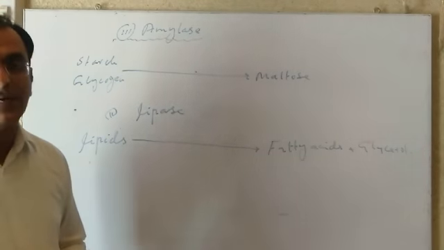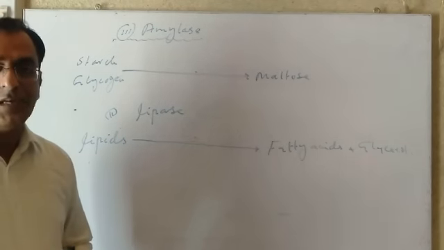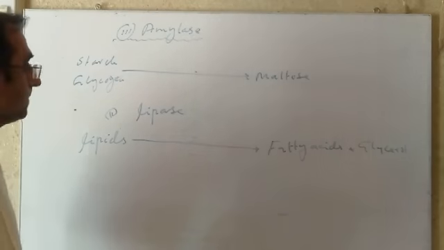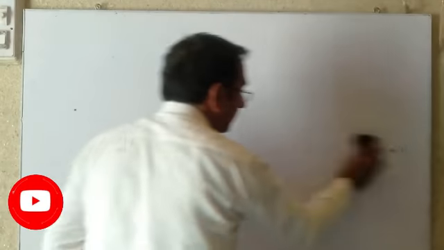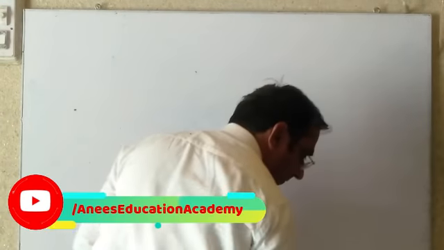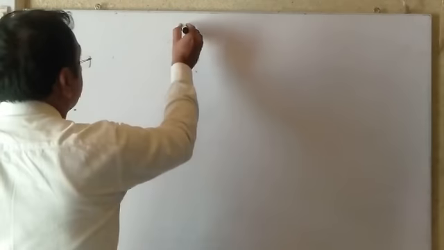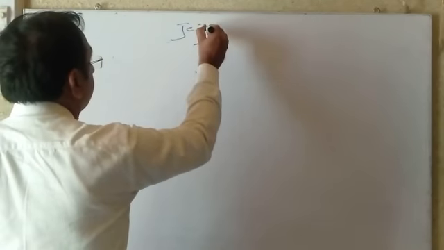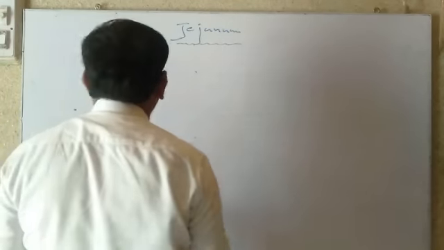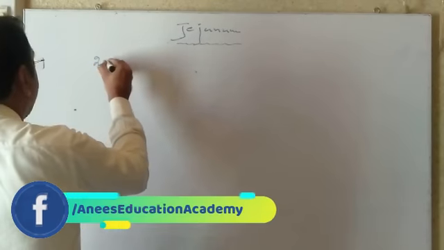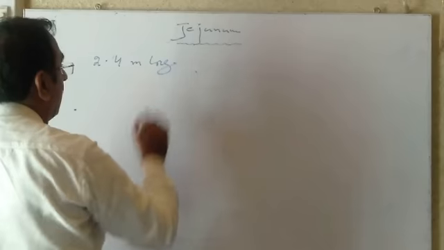Then food moves to the next part of the small intestine known as the jejunum and ileum. Duodenum is about 2.4 meters long.